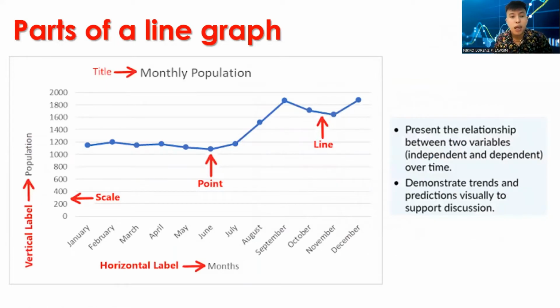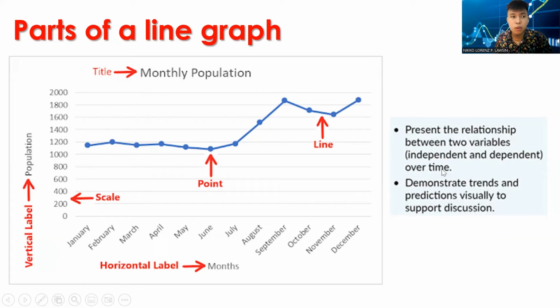Next one, line graph. Same with the bar graph, it has a title, the vertical label, horizontal label, the scale, and the dot or the point and the line. It presents the relationship between two variables, the population here and the months, the independent and dependent. It demonstrates trends and predictions, usually to support discussion.